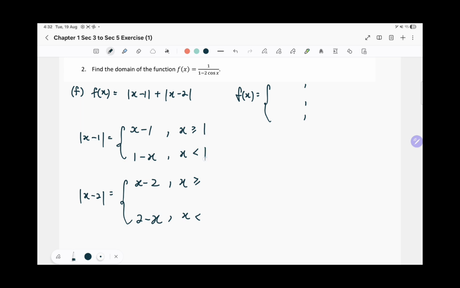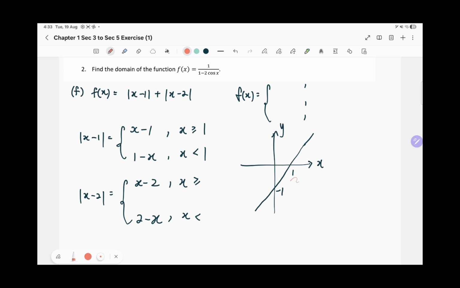This one is 1. Okay, how to get the 1? So you draw the line of x minus 1 like this. And then we know that when you modulus it, the negative part goes to positive.